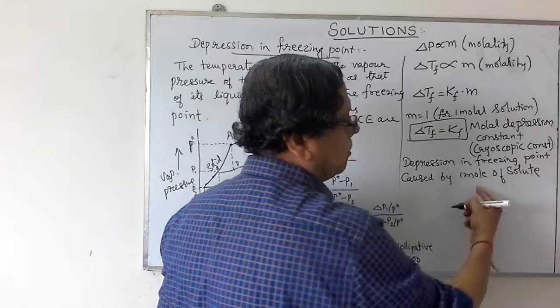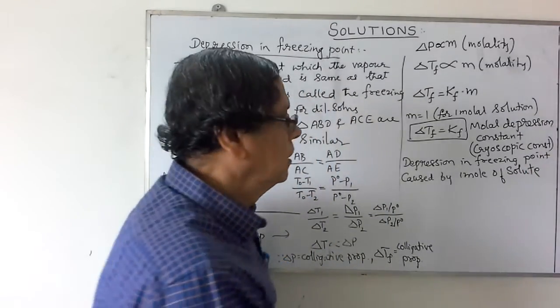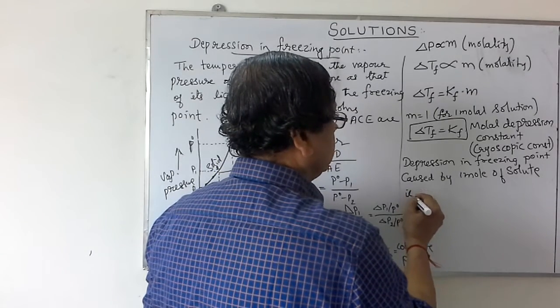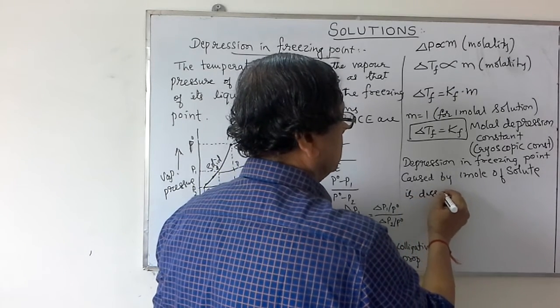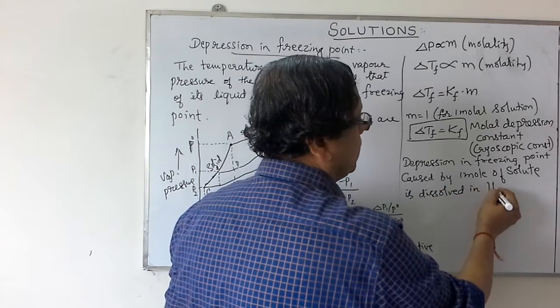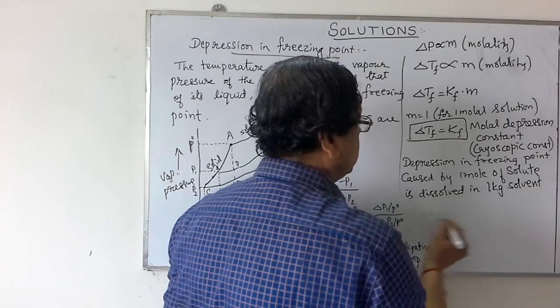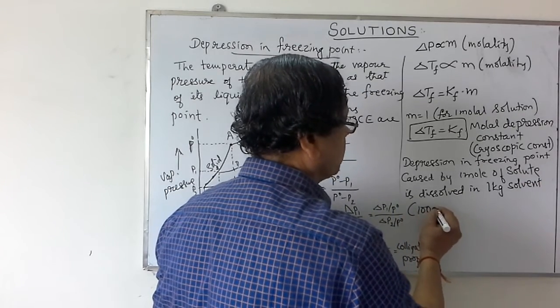Remember, when we say 1 mole of solute, it is a non-volatile, non-electrolyte solute. 1 mole of solute is dissolved in 1 kg solvent. We can also write this 1 kg solvent as 1000 grams of solvent.